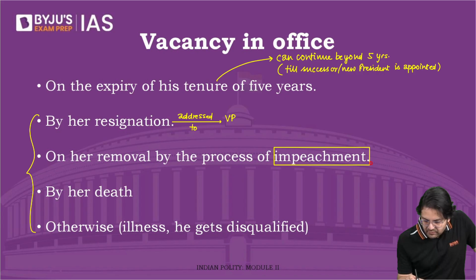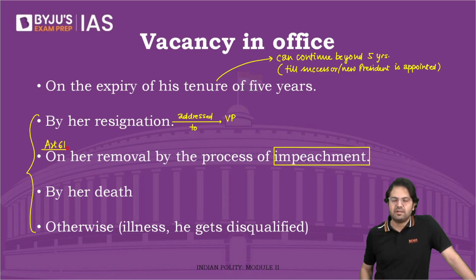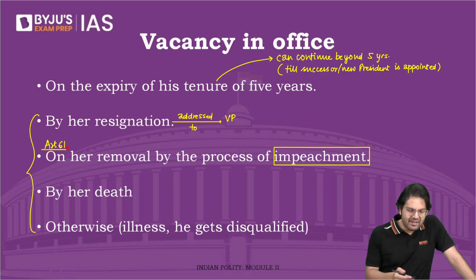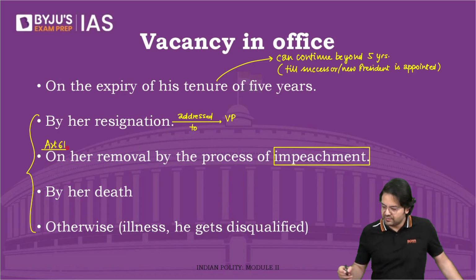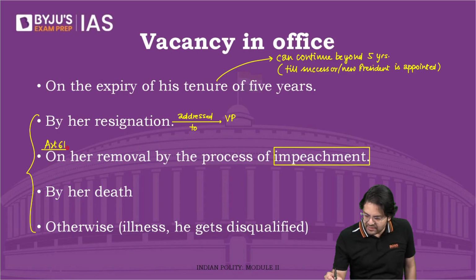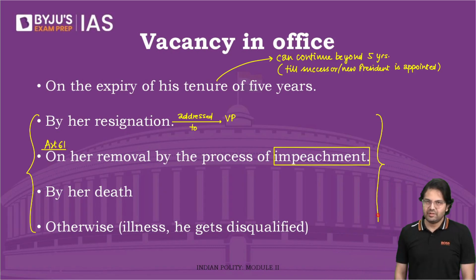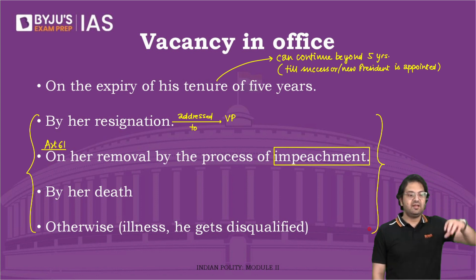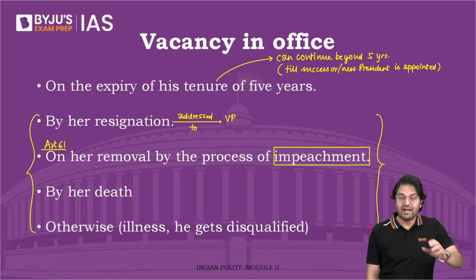This is Article 61. So, on her removal by the process of impeachment, or by her death, or otherwise, illness, etc., in all these circumstances, because it has happened suddenly, we did not get the time for elections to take place. But since there is a topmost post of the president, it can't be a vacuum, it has to be there.